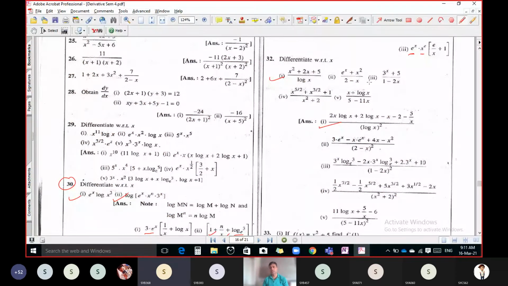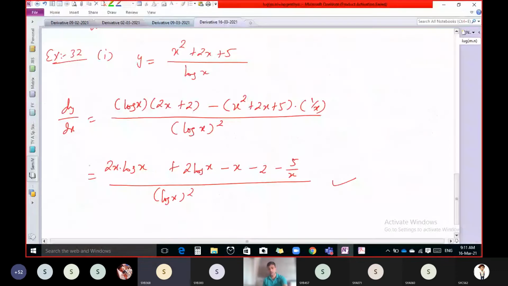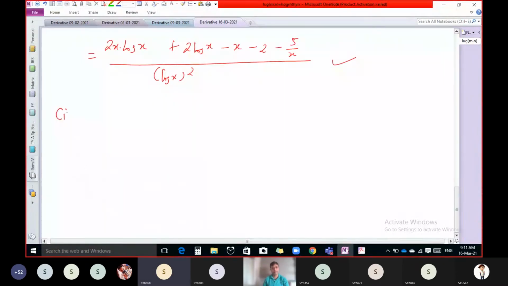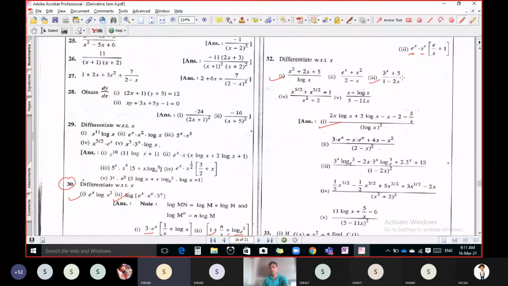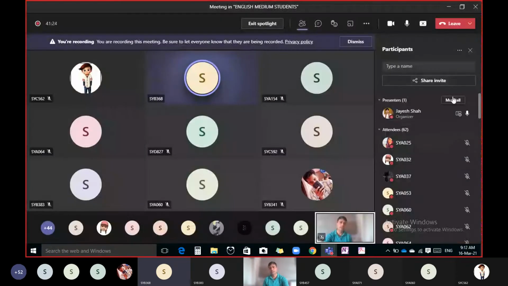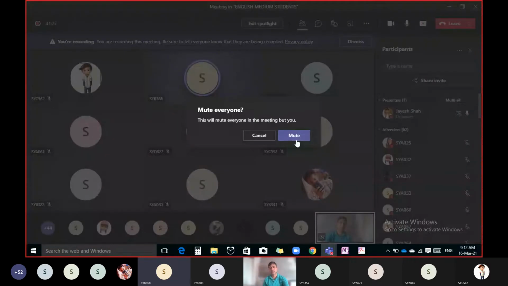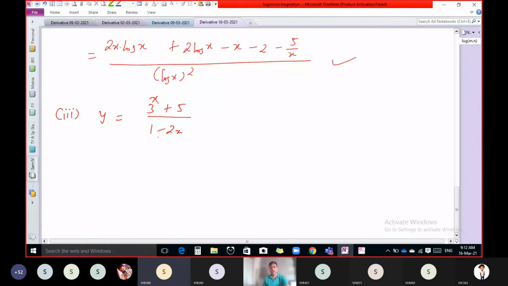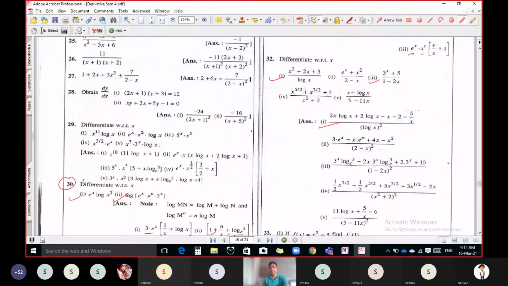Let us do this question, 32, third one. y equal to 3 raised to x plus 5 upon 1 minus 2x.